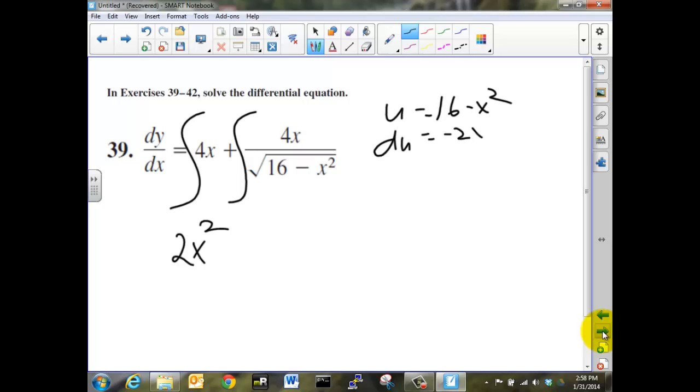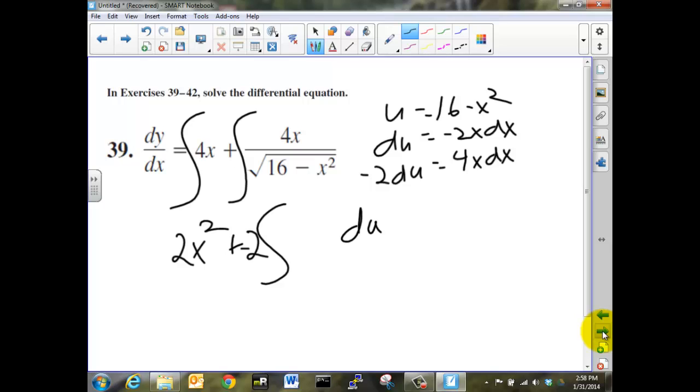du is negative 2x dx. We've got a 4 up there. What are you going to do with that now? If we multiply both sides by negative 2, we get negative 2 du equals 4x dx. So now we've got something we can plug in for, don't we? It's the integral of du, negative 2 on the outside, and I've got u to the negative 1/2.